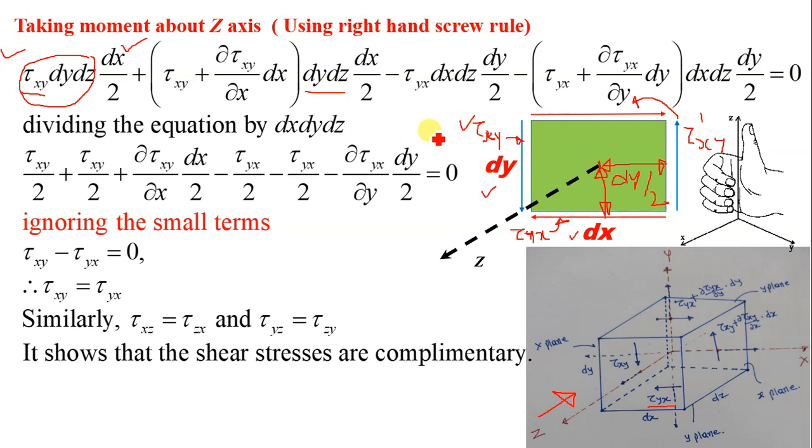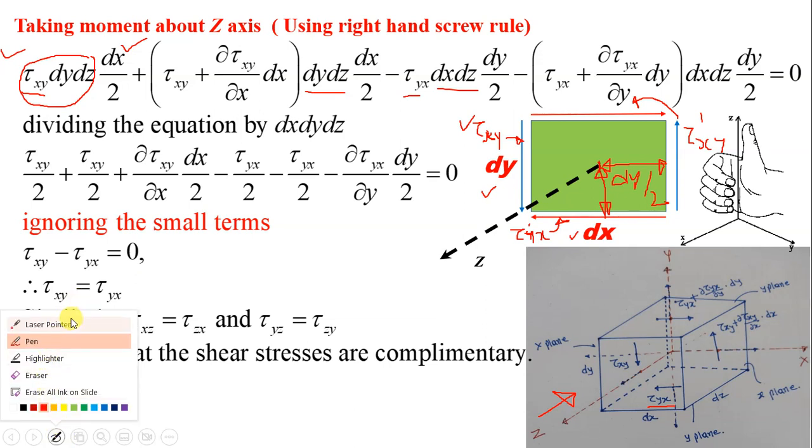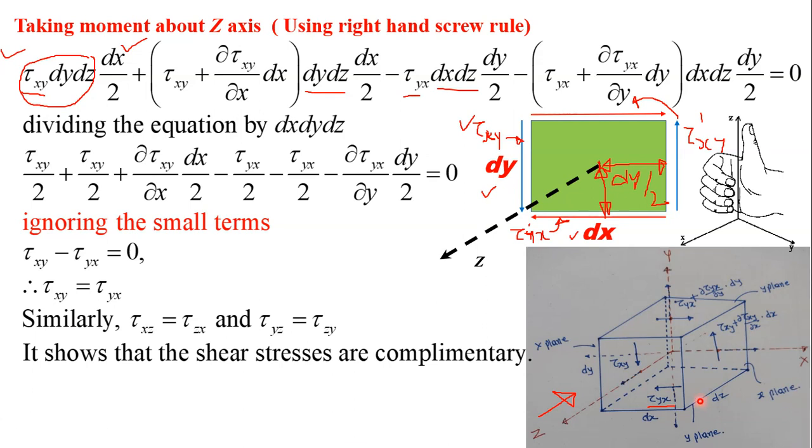So see the force. Now this is clockwise direction about z axis moment. So the moment is stress into area. Stress is tau yx, and the area on which this stress is acting is dz by dx. So dx into dz, area, into distance dy by 2.